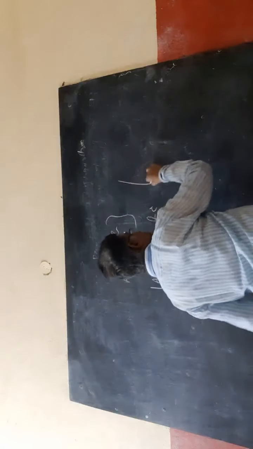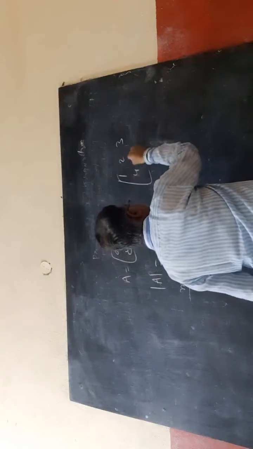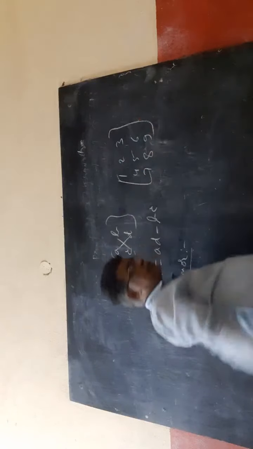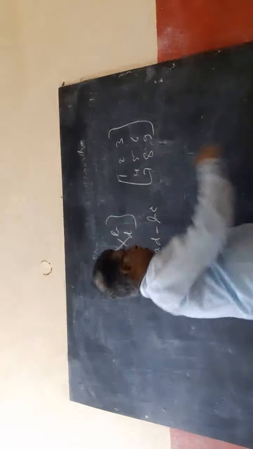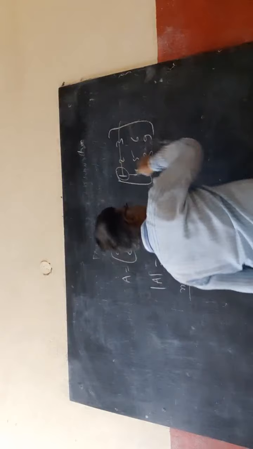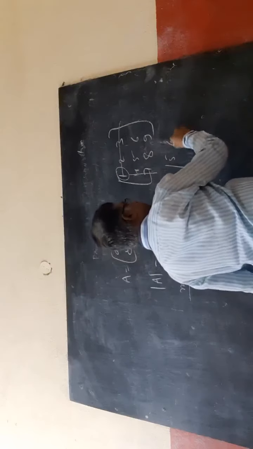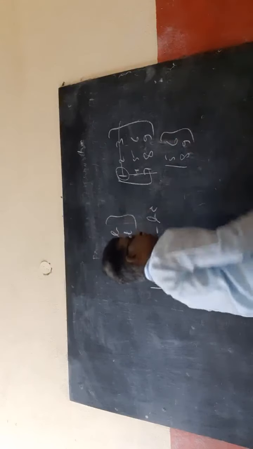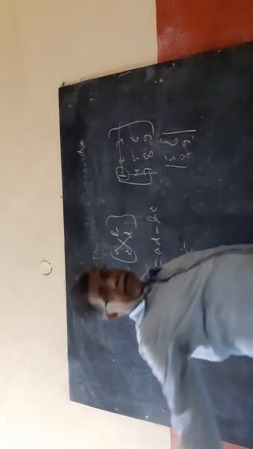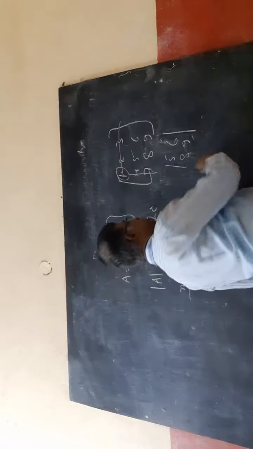For example, 1, 2, 3, 4, 5, 6, 7, 8, 9. This is a 3 by 3 matrix. I want minor of 1. Minor of 1 means excluding this row, this column, the determinant formed is 5, 6, 8, 9.